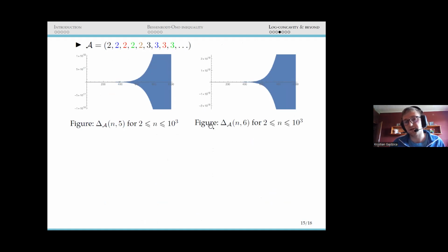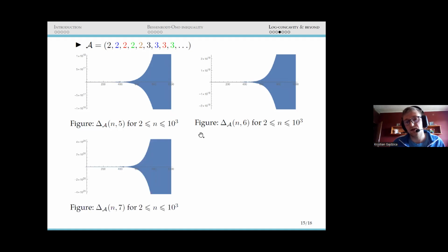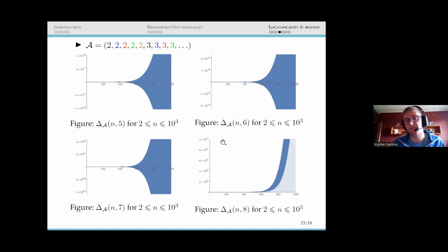If k equals 7, once again the restricted partition function probably cannot be log concave. But if k is at least 8, so we consider the multiset which consists of five 2s and at least three 3s, then we obtain that the corresponding restricted partition function seems to be log concave.